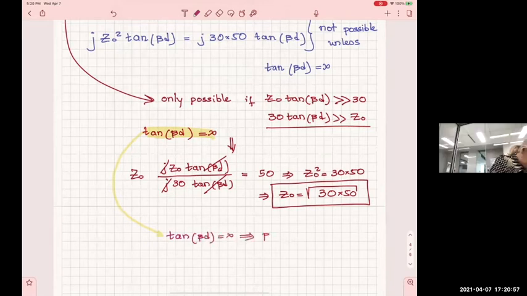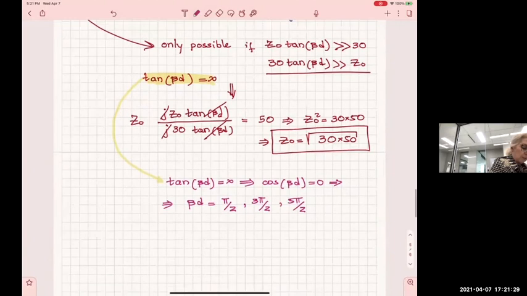So beta d is infinite. That means the cosine of beta d has to become 0, which implies what? Beta d has to be either pi over 2, 3 pi over 2, 5 pi over 2, and so on.